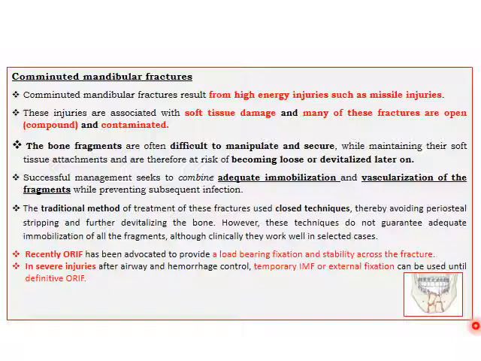Always these injuries are associated with soft tissue damage with the bony damage.